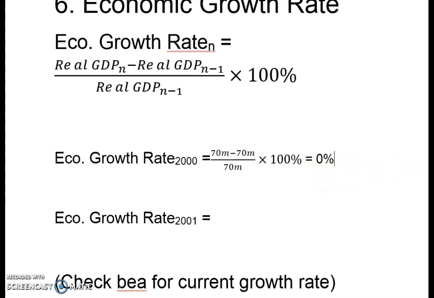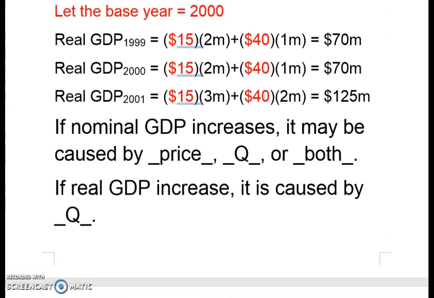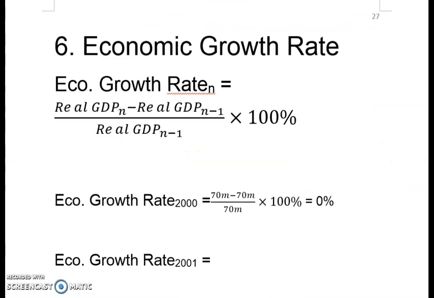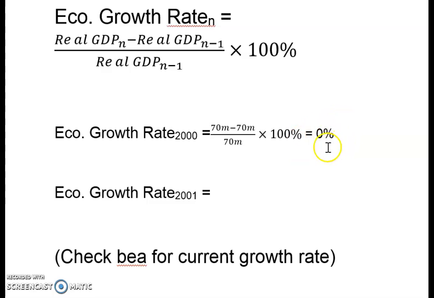That makes sense, right? Because in this hypothetical economy, they didn't produce any more pizza or jackets in 2000 compared to 99. So because of that, their economic growth rate is 0%.